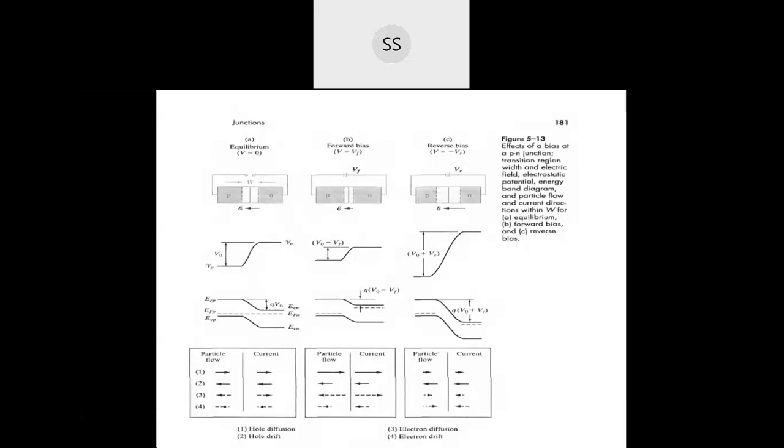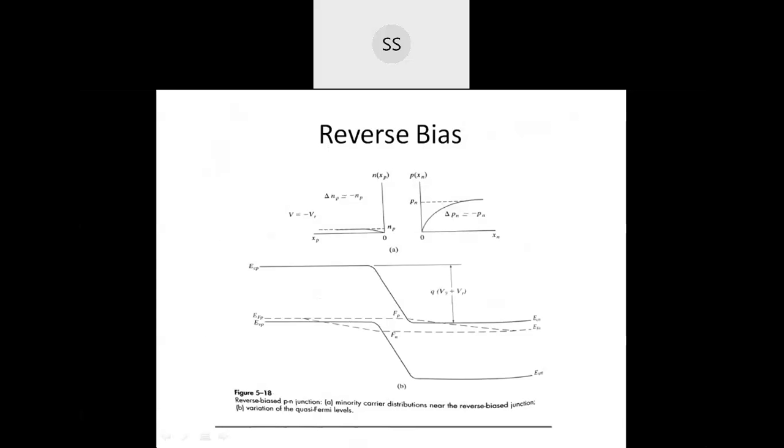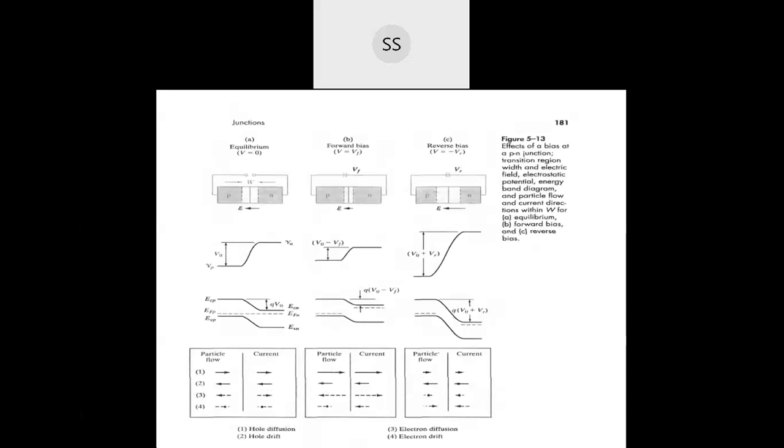So the next topic is particularly concerned with the reverse bias. Because we say, what is the condition for reverse bias? Just observe the last picture here. The p-type material is connected to negative, and the n-type is connected to positive. So in that sense, you are increasing the barrier.